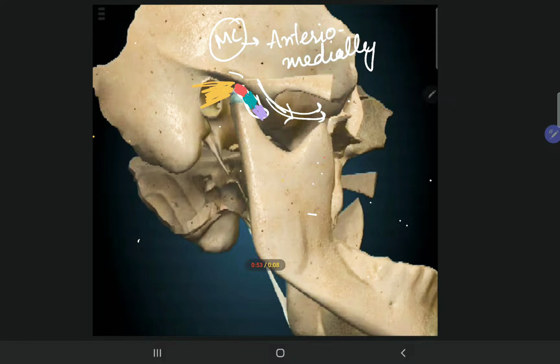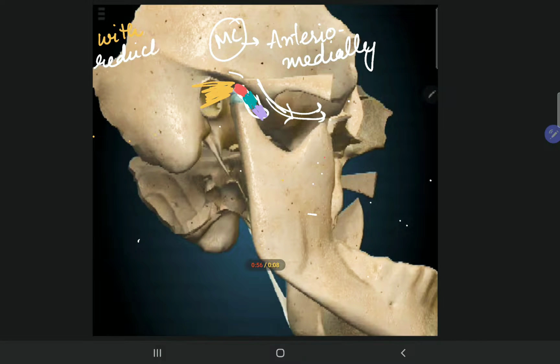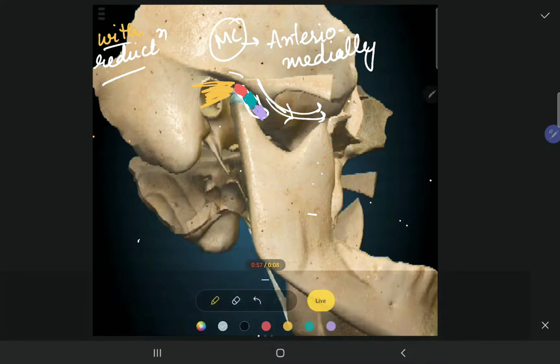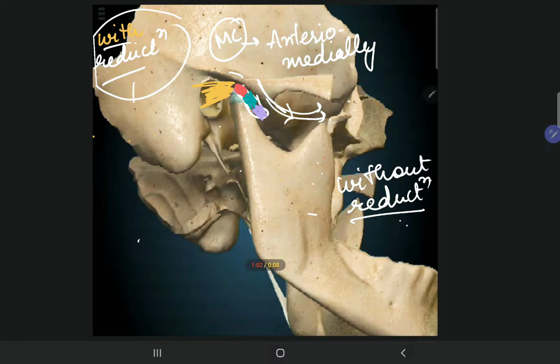One is with reduction, another one is without reduction, right. With reduction means when the articular disc comes back to its normal state on its own.